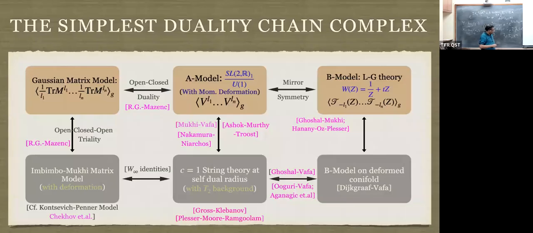So, in two ways. One is it helped in just identifying these duals through the C equal to 1 string theory, because the C equal to 1 string theory is described by both these things.